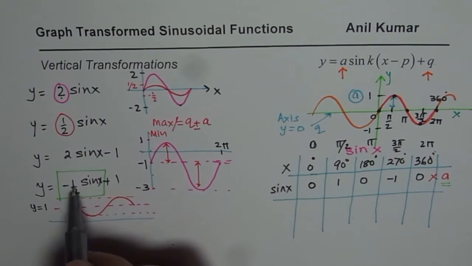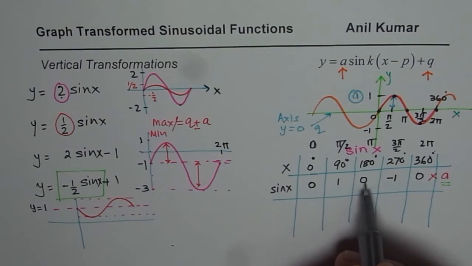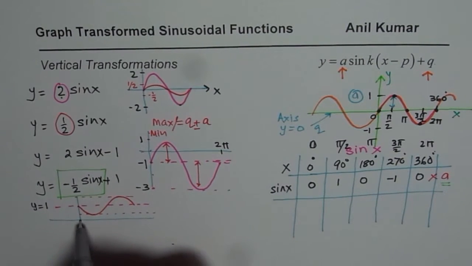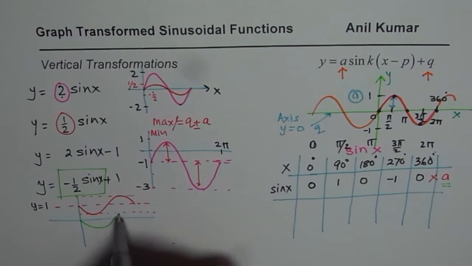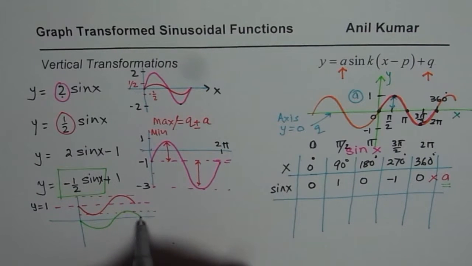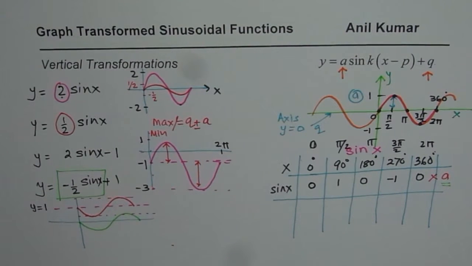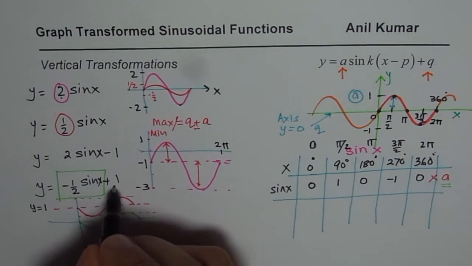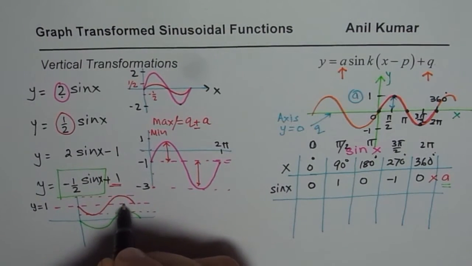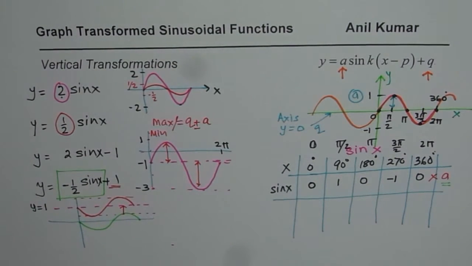In our case, a is minus half. So when you multiply these by minus half, you actually get a wave which is kind of like this, right? So that is the first step. And the second step is to move it upwards, plus 1. Then you move it upwards and you get your final graph. So that is how you should be drawing sine waves when vertical transformations are being performed.